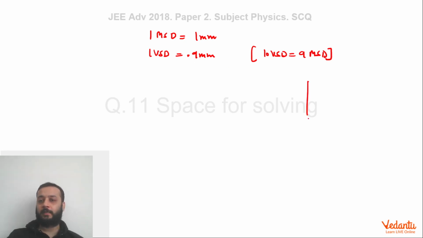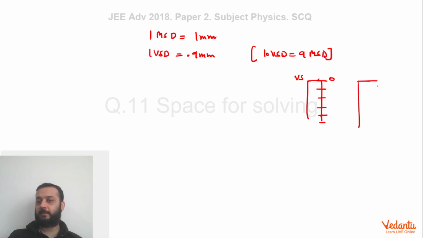Now suppose this is the 0 of the vernier scale. This is the one division of the vernier scale, so that means this is 0.9 mm. This is the second division, this is the third division, and so on and so forth. This is the fourth division, and this is the fifth division, like that. So this is the vernier scale, and here we have the main scale.